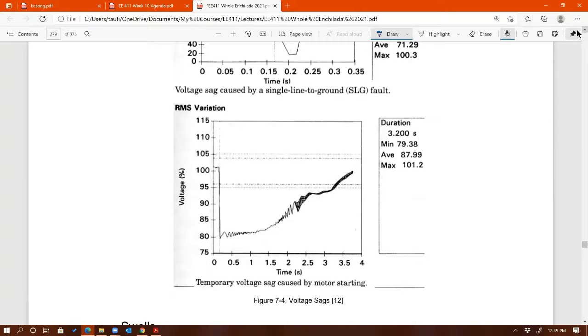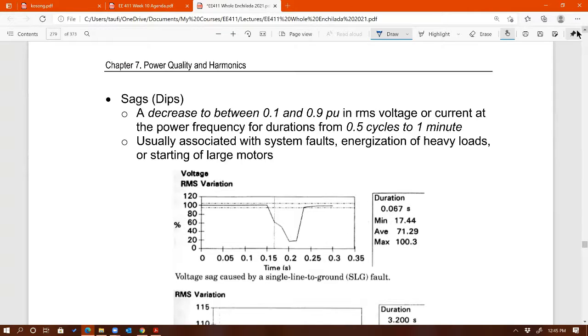And then we have this event called sags. If you look at the level, it's the same as under voltage that I went over earlier, where voltage is below 0.9, but this one specifically is between 0.1 and 0.9.